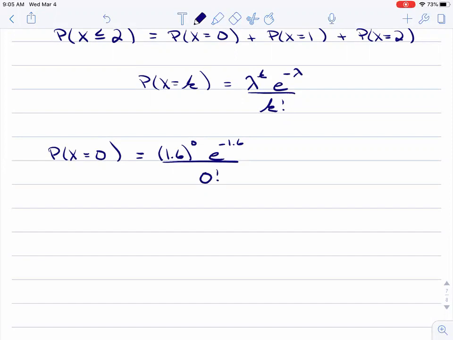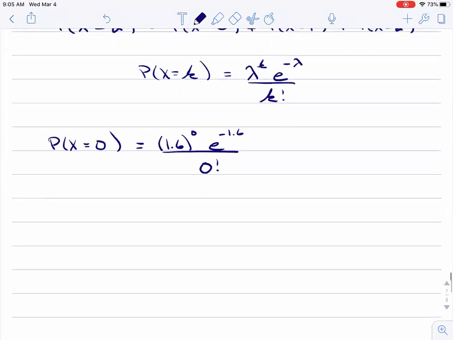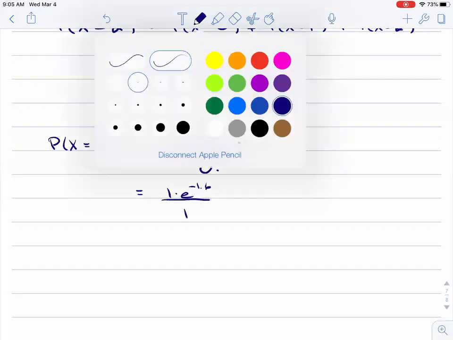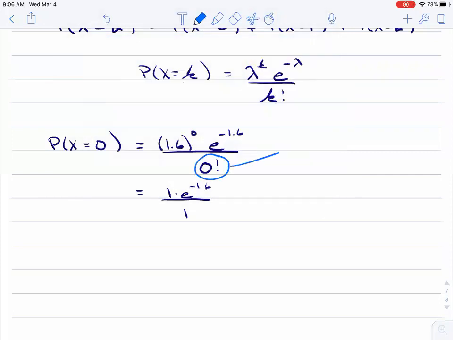I really hope it is just 1. So 0 factorial is just 1. Something to the power of 0 is 1, and 0 factorial is 1. So we get 1 times e to the negative 1.6 over 1. I'll make a little note here: 0 factorial is just 1, and x to the power of 0 is just 1 for any x.